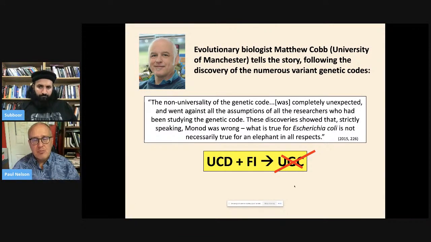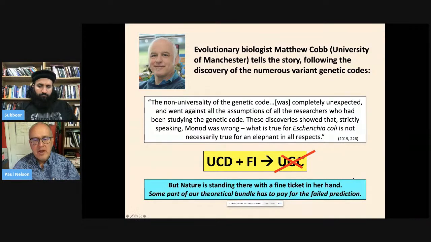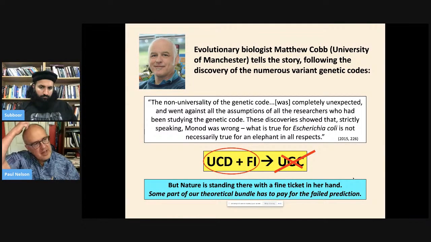Now we have a logical problem. Nature, she is standing there and she's written a ticket. She's got a fine in her hand. Some part of our theoretical bundle here has to pay for the failed prediction. Actually, earlier today, as I was thinking about this talk, I did a truth table for this.